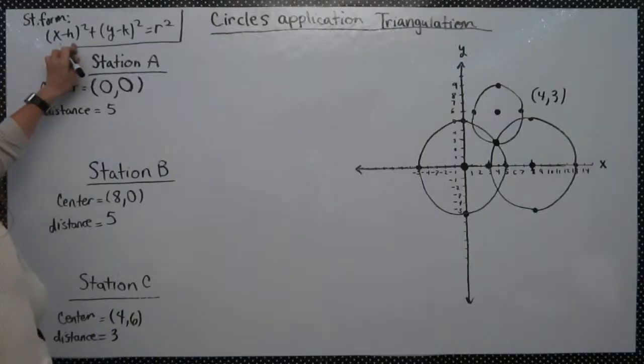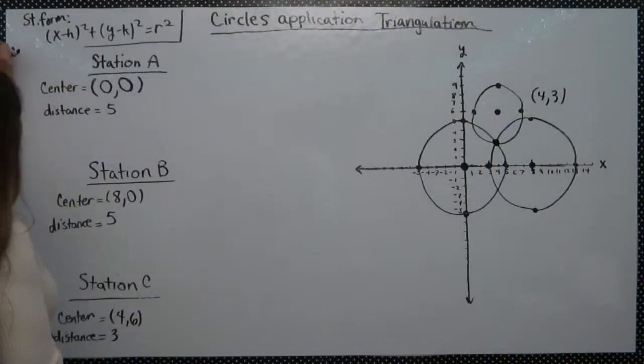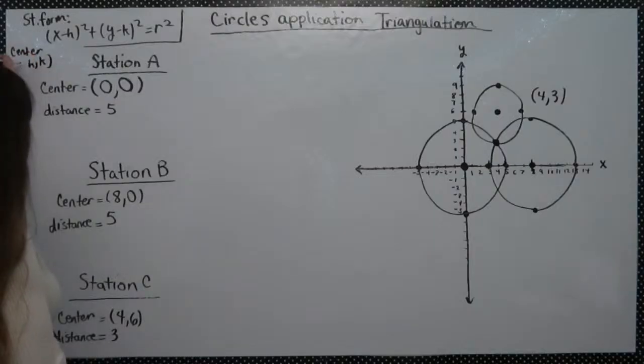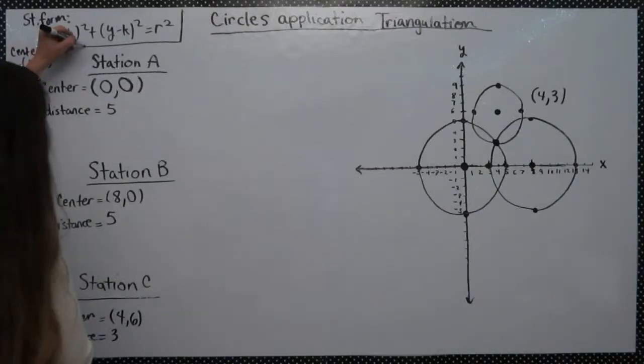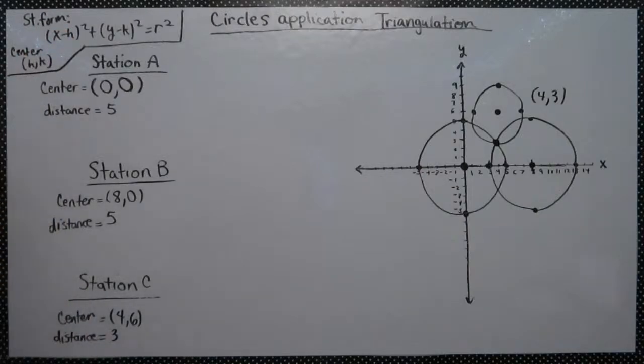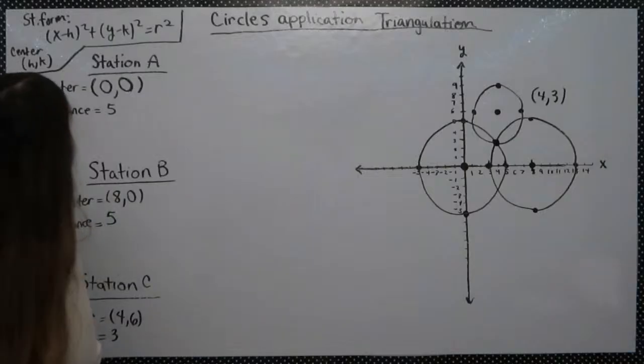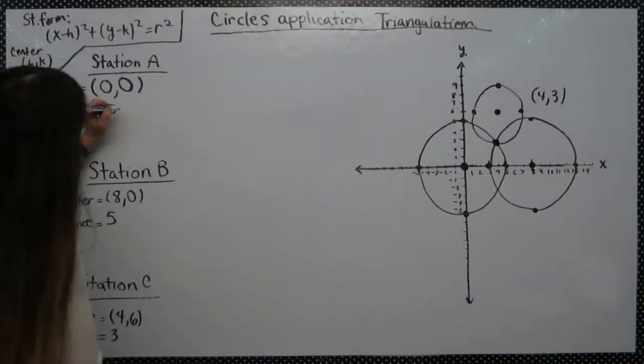So we'll go with that in here. Is that h comma k? Okay. And then r is the radius. So in this case, this would be r.